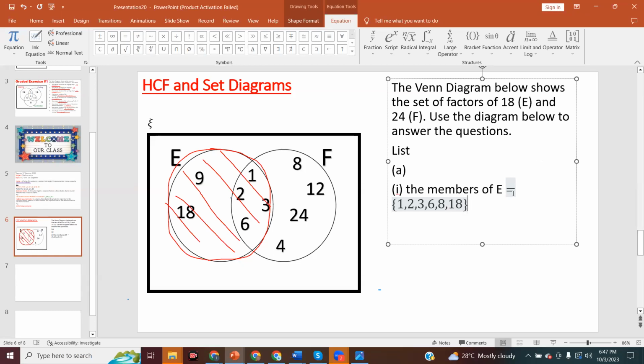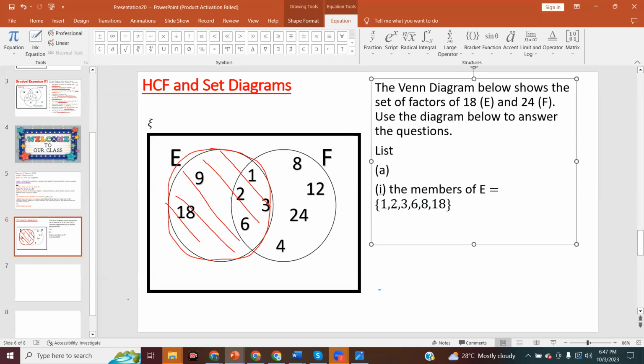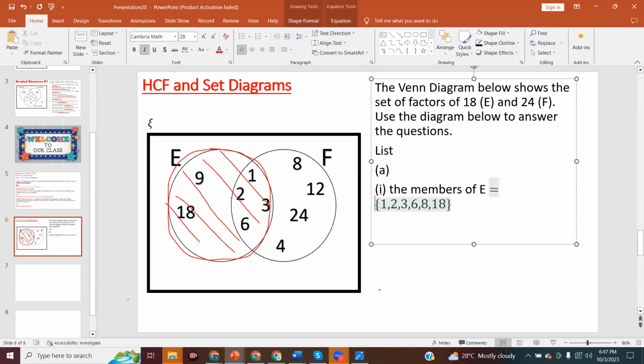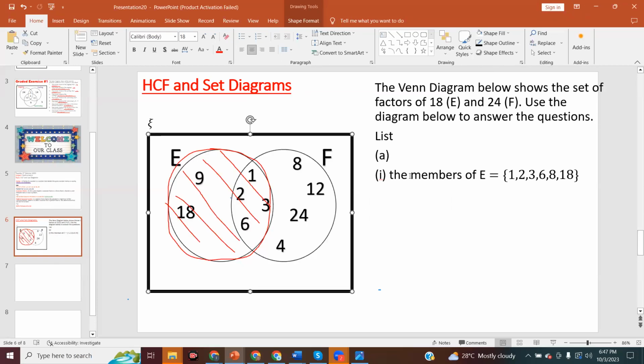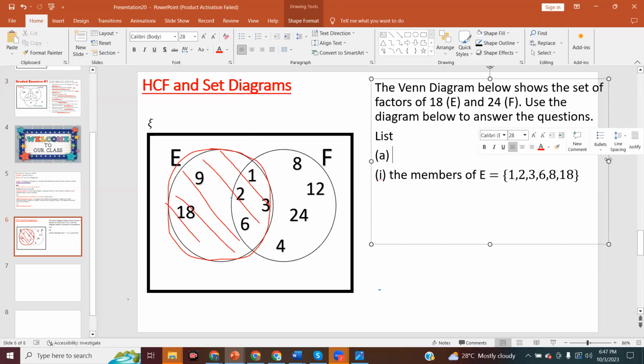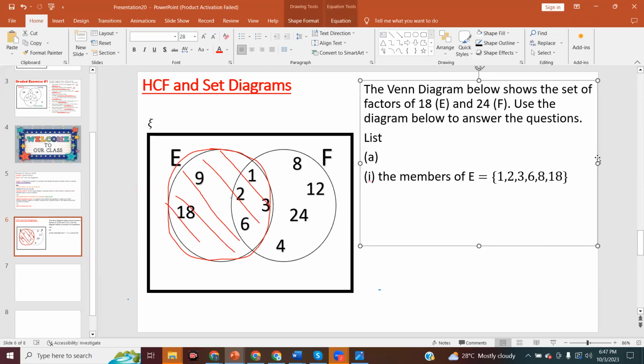These are the factors of what number? Listen to the question. These are the factors of 18. Very good. And that's what the question says. These are the factors of 18, isn't it? That's literally what the question says. So this is the factors of 18.